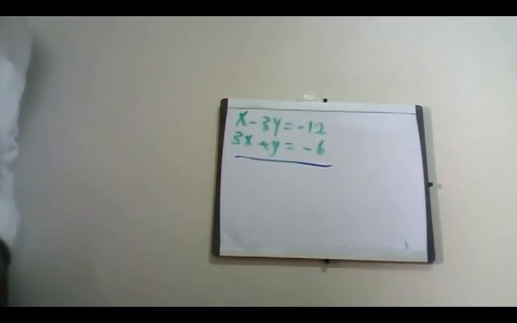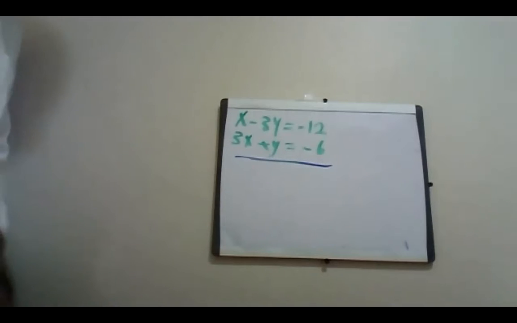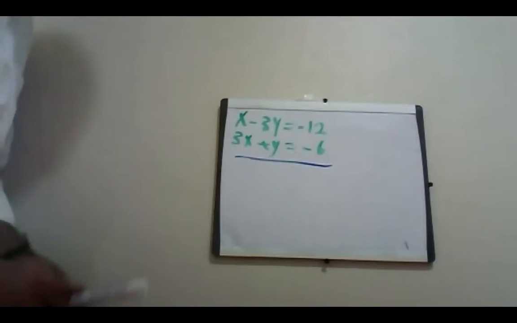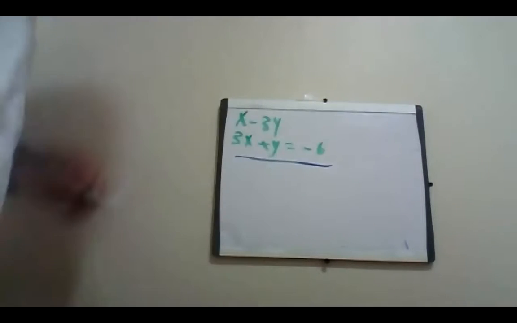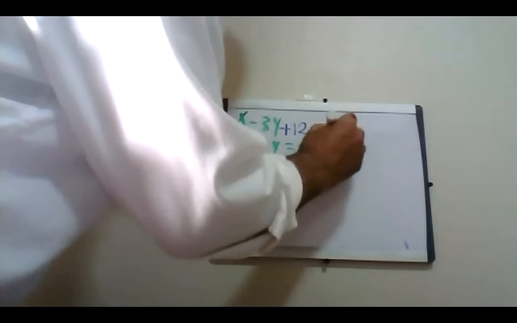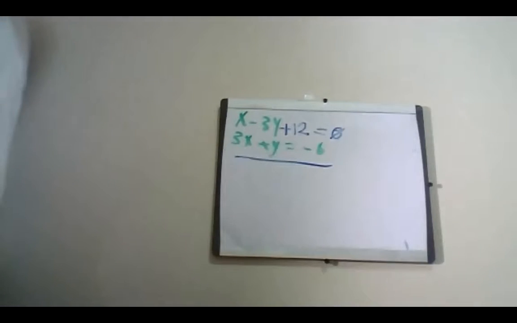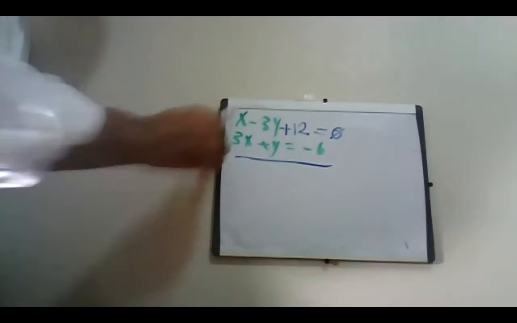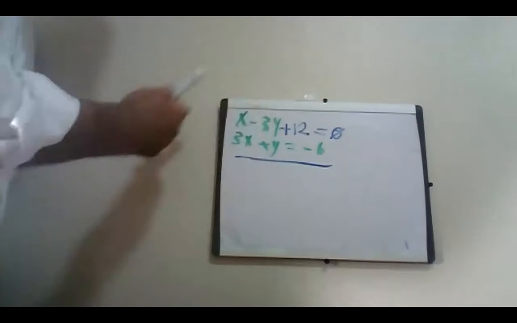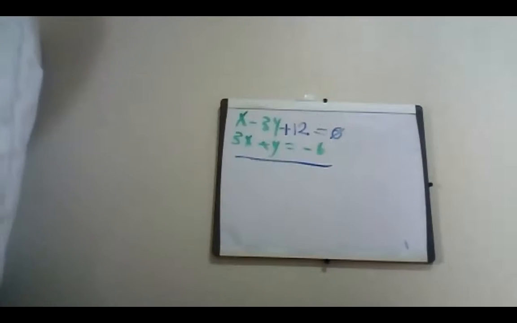This was the figure of this example. Okay, how about if it was like this? Plus 12 equals 0. Make sense? No worries. We said the variables x and y go on one side and the numbers on the other side.